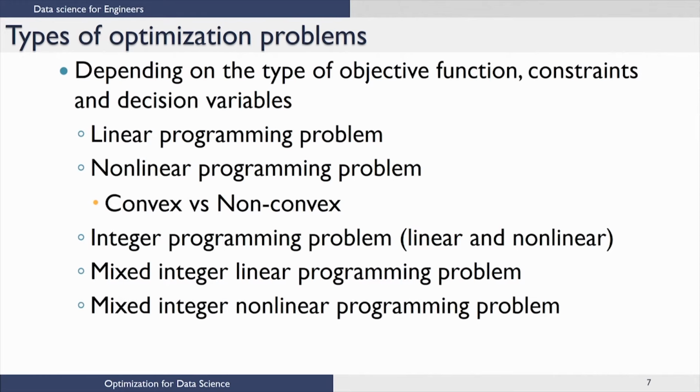Now, depending on the type of objective function, type of constraints, and the type of decision variables, we will explain what each one of these are. There are different types of optimization problems that we could solve.